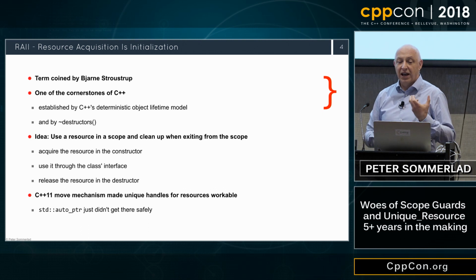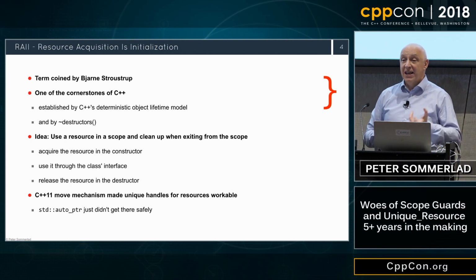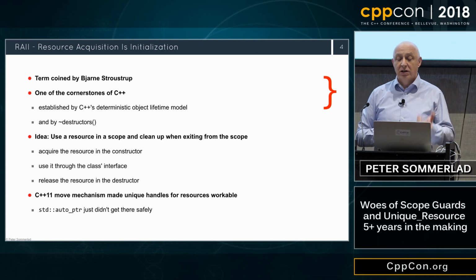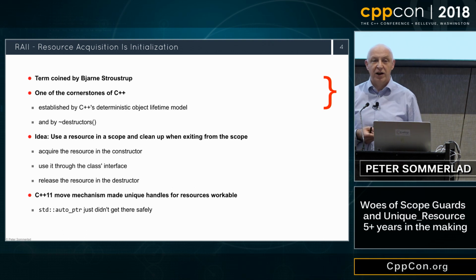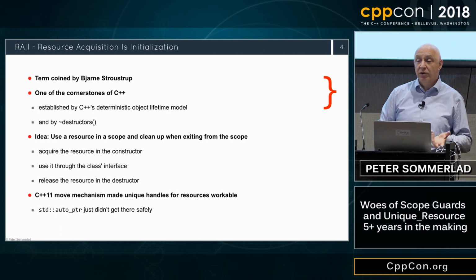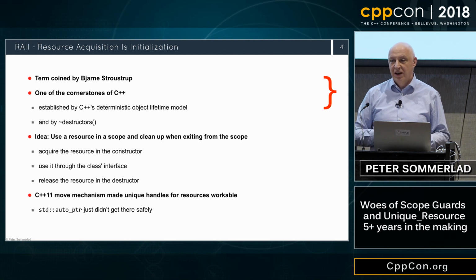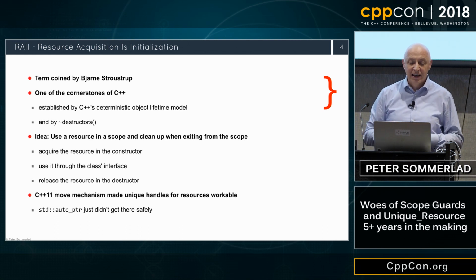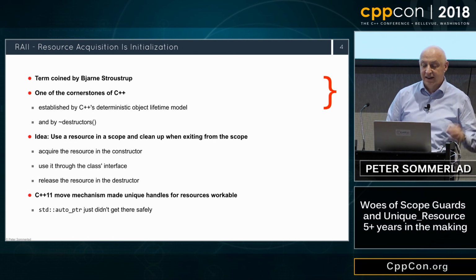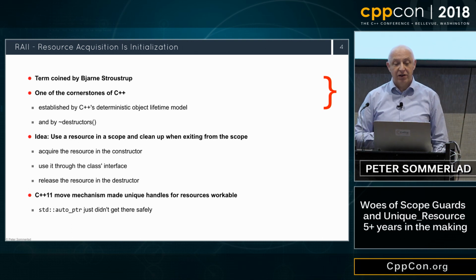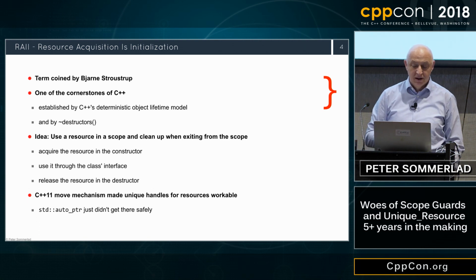So in the initialization, in the constructor of an object, you acquire the resource, and in the destructor, you clean it up. If you do it that way, you never can forget to dispose the resource as long as you don't leak your object's lifetime somewhere else and it stays there forever, like in global memory.